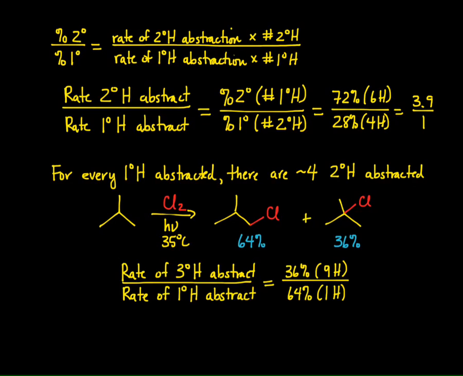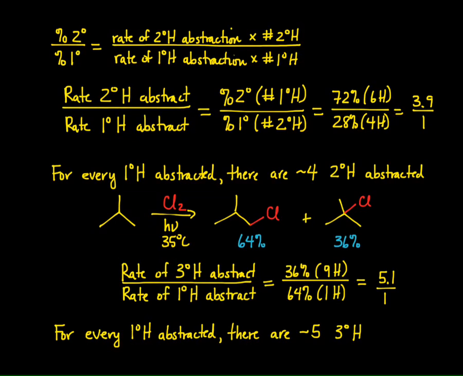And of course we divide by 64%, which is the amount of the primary alkyl halide produced, times only 1 hydrogen for that tertiary. And when we look at the product of this, we get a product ratio of 5.1 to 1. And so that simply means that, again, for every primary hydrogen abstracted, there's about 5 tertiary hydrogens that are going to be abstracted.